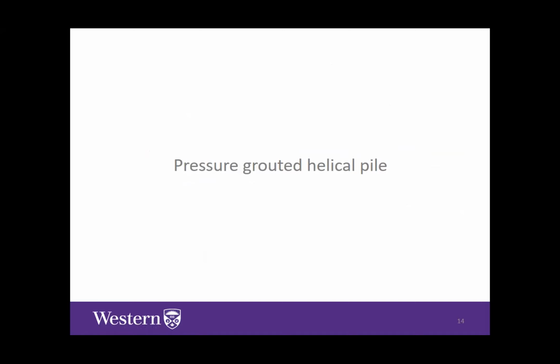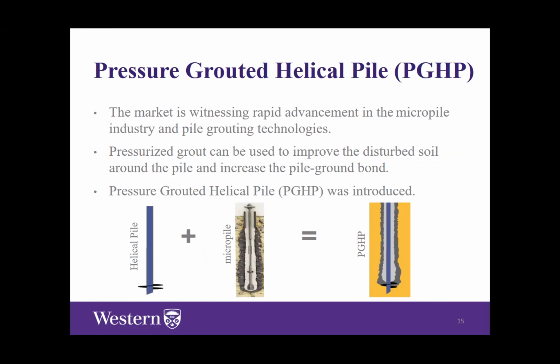The other new technique is called the pressure grouted helical piles. Now the market is witnessing a rapid advance in the micropile industry and pile grouting technology. The micropile is characterized by its very high grout ground bond, or very high shaft resistance.